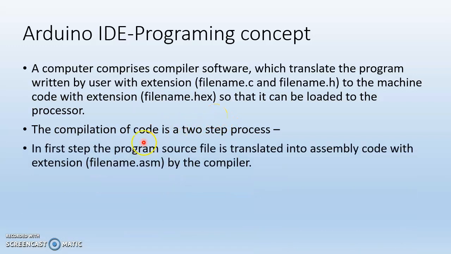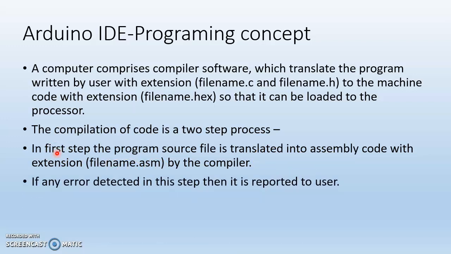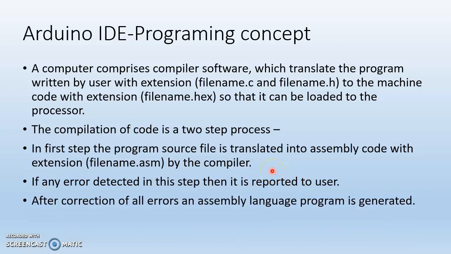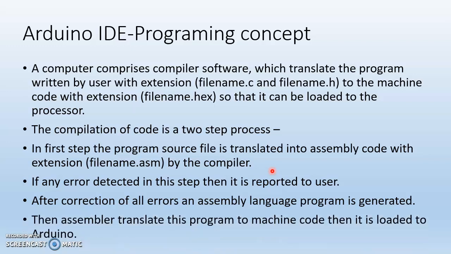In the first step, the program source file is translated into assembly code with a .asm file. If an error is detected in this step, it will be reported to the user, and after correction of all these errors, the assembly language program is generated. Then the assembler will translate this program to machine code, and then it is loaded to the Arduino.